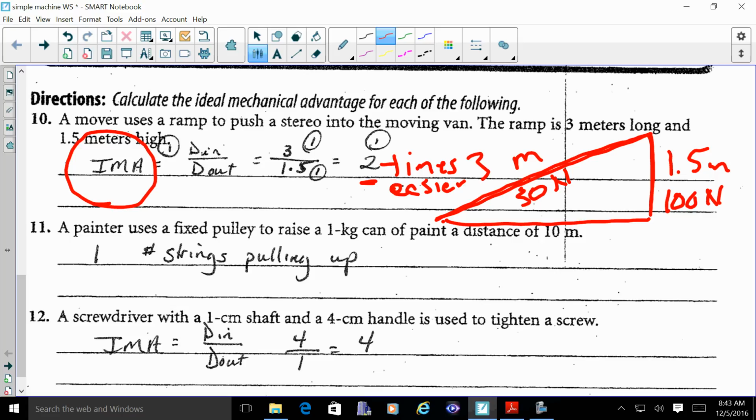A screwdriver, if you look at a screwdriver, it's the width of the handle that is the distance that you put in. So the handle might be 4 times as big as the actual head of the screw. And so that's how you get the distance in, by the radius or the diameter of the handle. And that's why with a little screw, you don't want to use a gigantic screwdriver because you'll end up stripping the screw.